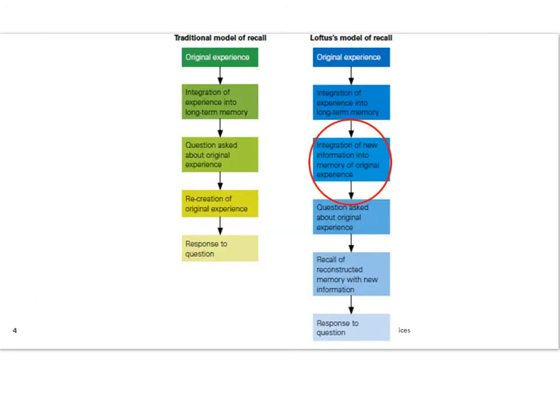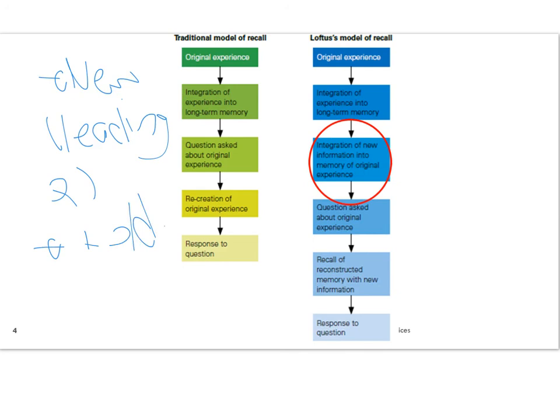So what we're talking about here is three things. The three things we need to talk about are the new information, so what vehicle it arrives in, like our leading questions; the fact that it is added to the older memory; and then when it's later recalled, it's been integrated, and when the information is again reconstructed, it is distorted.